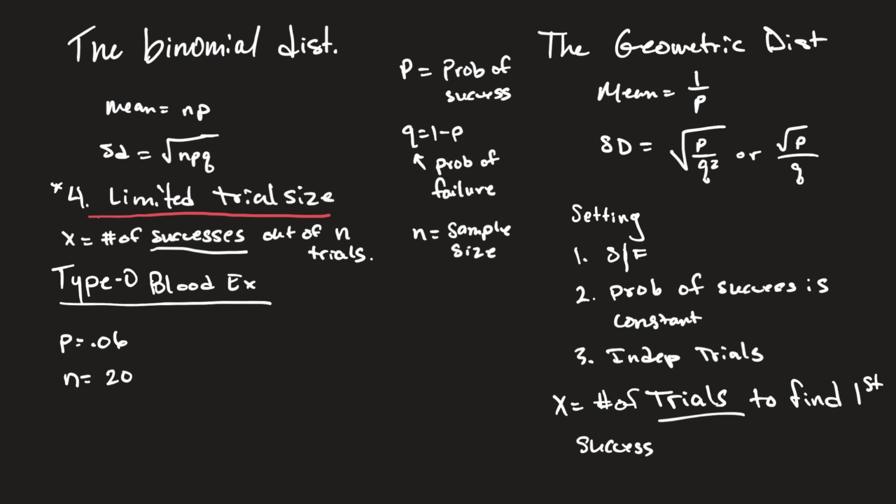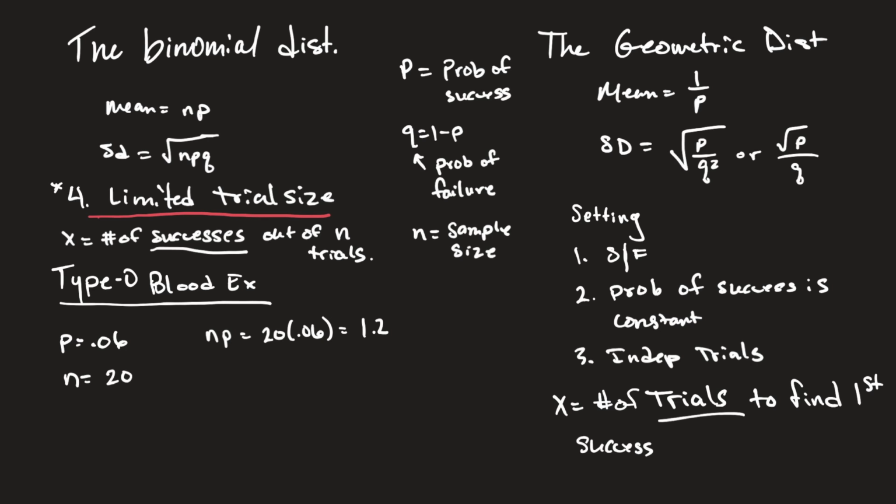Well, anytime you use the word expect, you are describing a mean of some type, an expected value. In this case, we would do N times P. This would be equal to 20 times 0.06. This would be equal to 1.2. So anytime you had 20 people walk into a room, and the probability of success is 6%, we would expect about 1.2 people, and definitely leave it as a decimal. This is always an estimated value: 1.2 people to be O negative blood type.